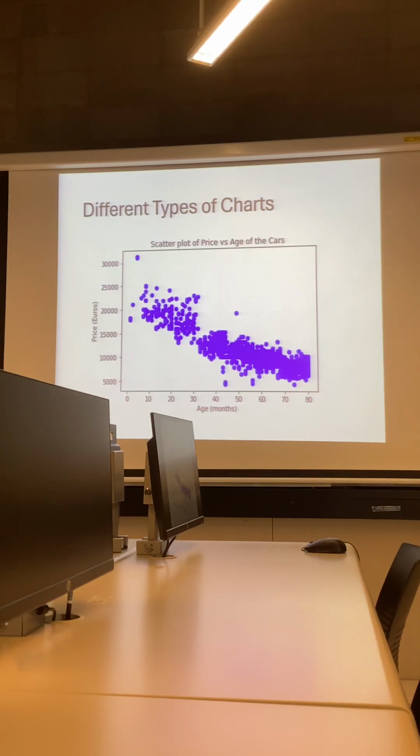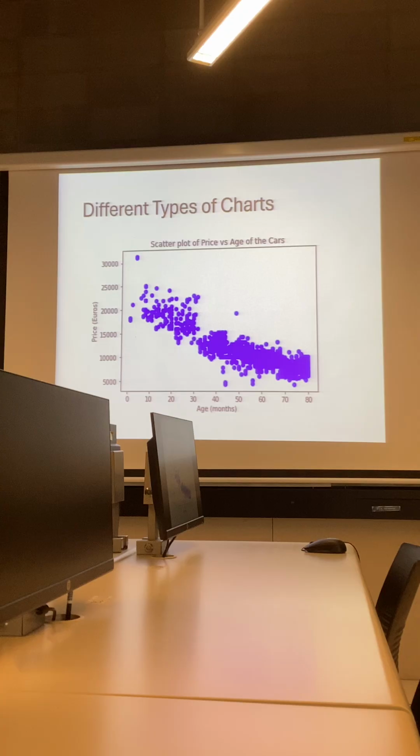Now my question: if the age of the car is 80 months, how much is the average price of the car? Around 10,000. Very clear. Okay.